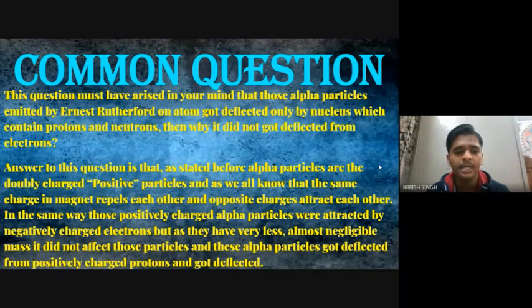As we all know, like charges repel each other and opposite charges attract each other. In the same way, the positively charged alpha particles were attracted by negatively charged electrons, but as electrons have almost negligible mass, they did not affect those particles. And these alpha particles got deflected from the positively charged protons.